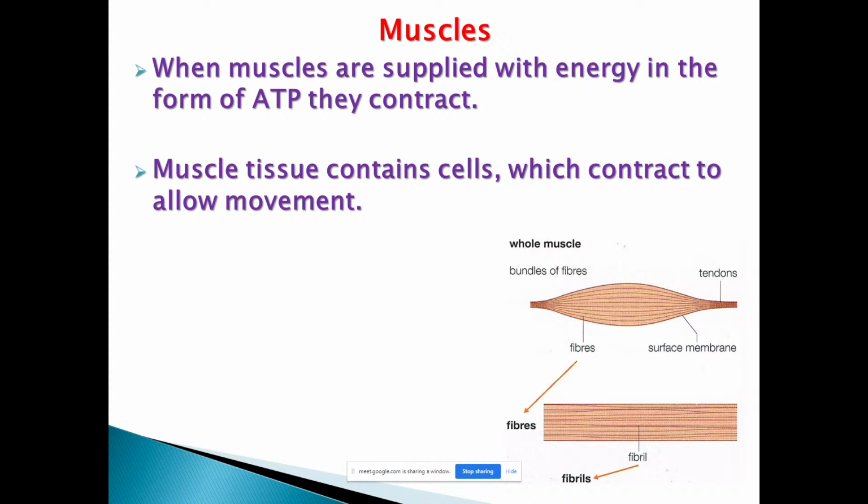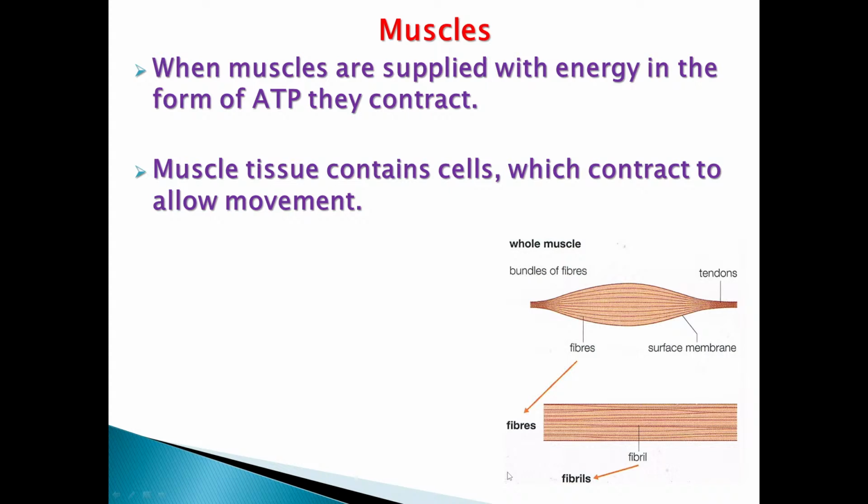So muscle tissue contains cells, and these cells normally contract to allow movement. The image that you're seeing there shows an entire muscle. The middle section is the muscle itself, and at the ends you will notice one is labeled as tendons.